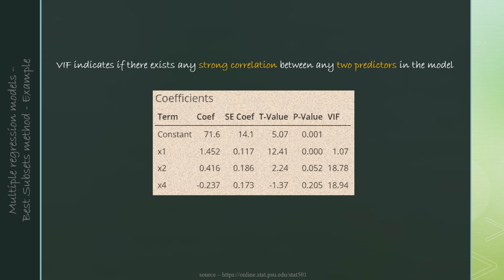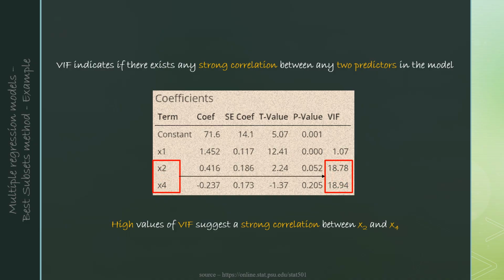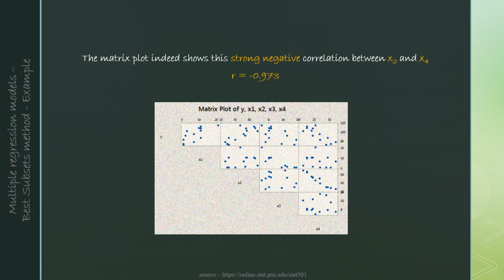Note, we are talking about the correlation between the predictor variables and not between the response and a predictor variable. High values of VIF suggest a strong correlation between x2 and x4. The matrix plot indeed shows this strong negative correlation between x2 and x4. The correlation coefficient R in this case is minus 0.973.